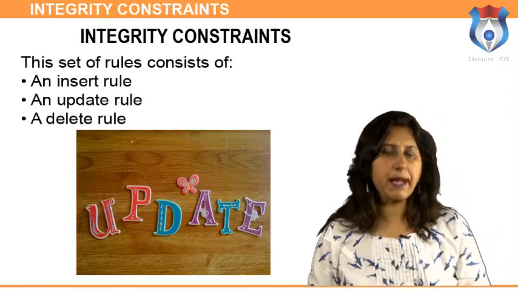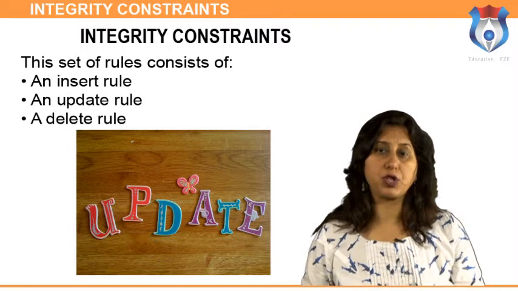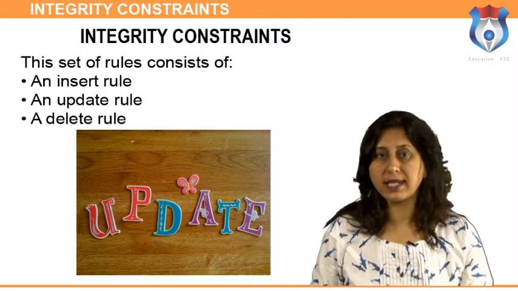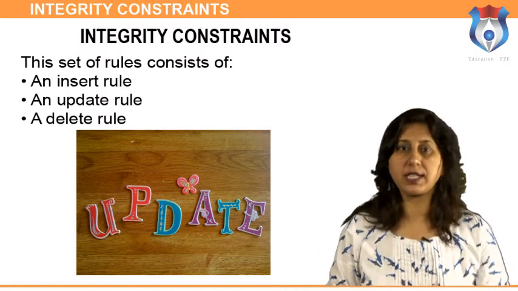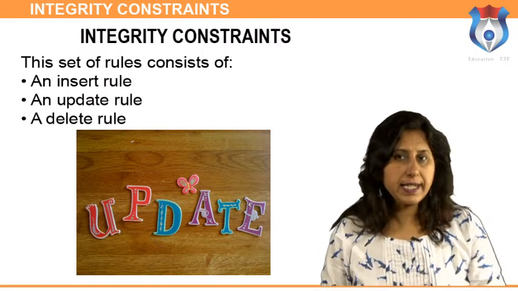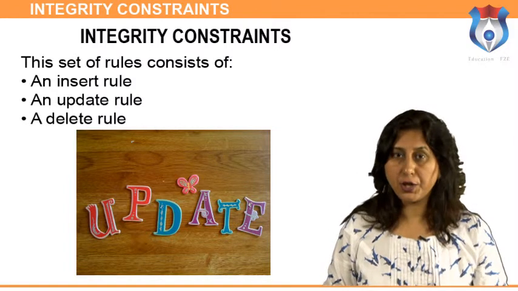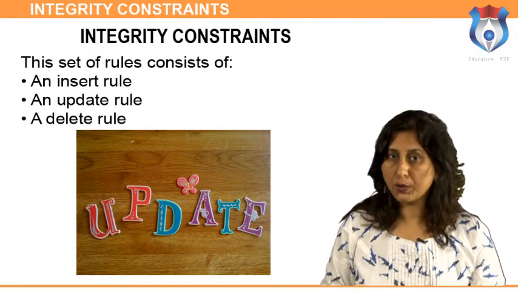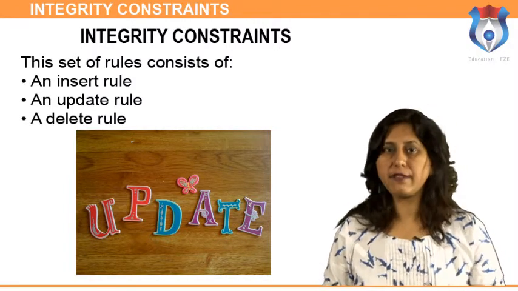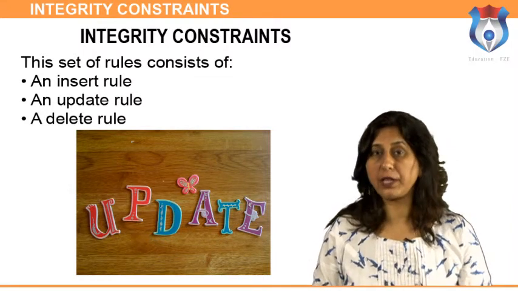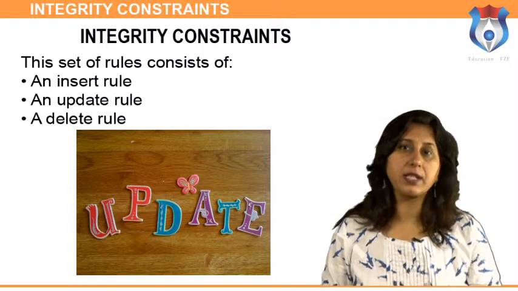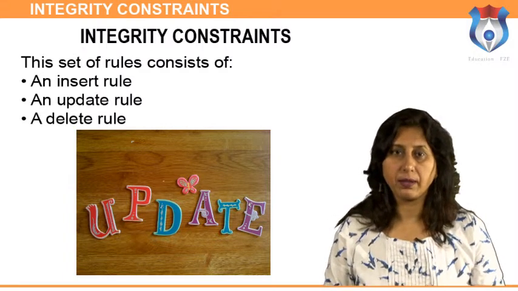The database manager handles these types of situations by enforcing a set of rules that are associated with each referential constraint. An insert operation could attempt to add a row of data to a child table that has a value in its foreign key columns that does not match a value in the corresponding parent table's parent key.